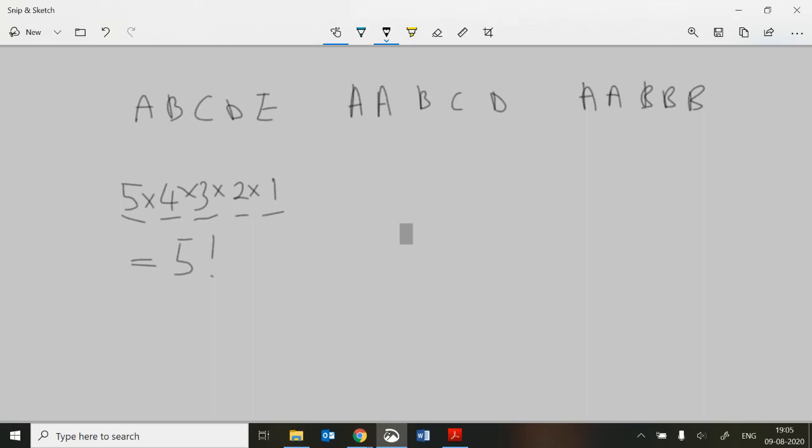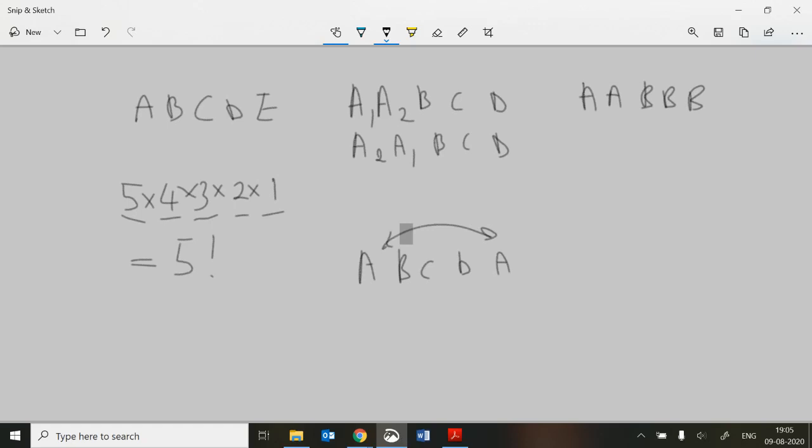Okay, so when we look at the second one, now the clue I gave as I set this one up was to say A1 and A2 can be used interchangeably. So for example, A2 and A1 can be written this way around. So that means that whenever we have a combination, maybe we have A, B, C, D, and then A. It could be that we have this, but these 2 can be switched around, and that's the same combination.